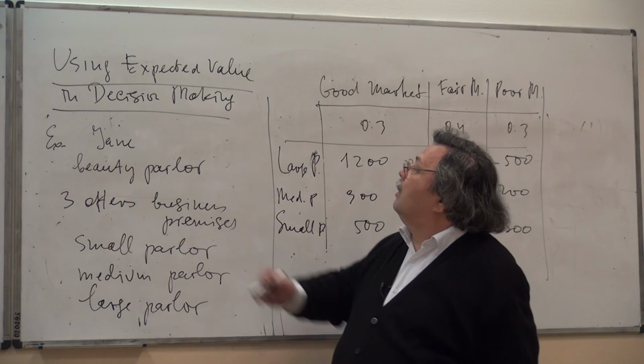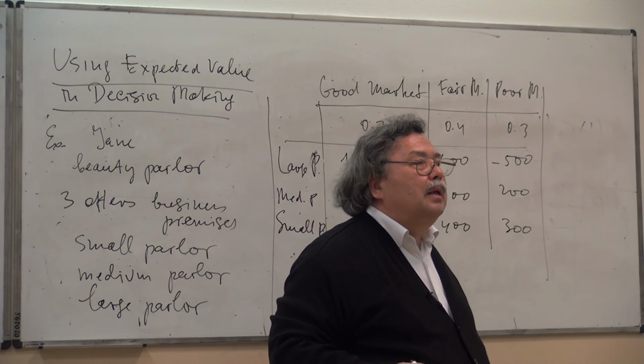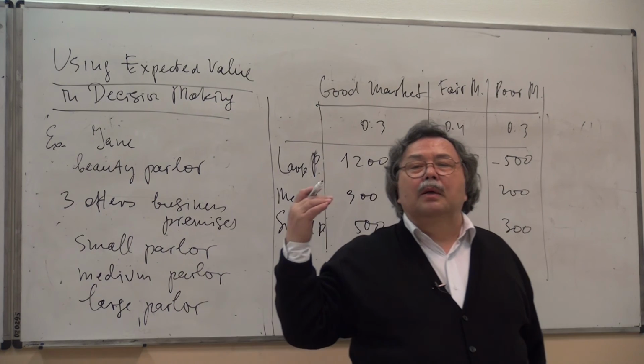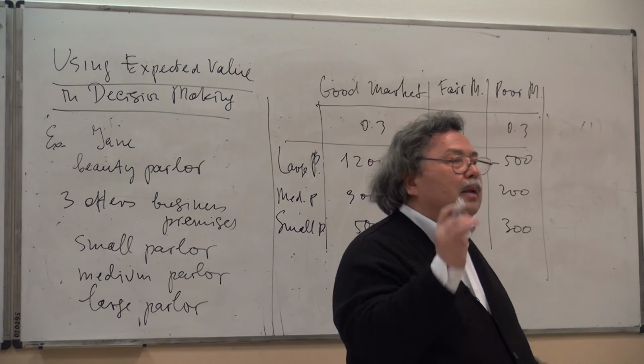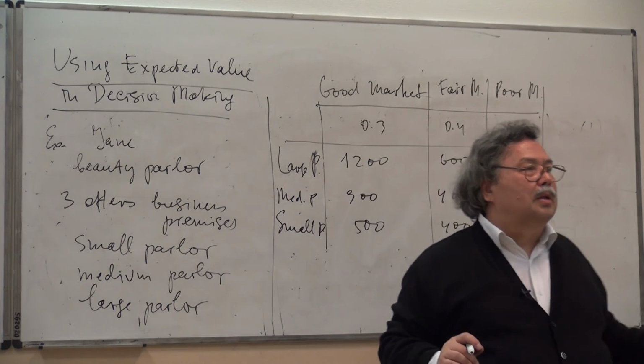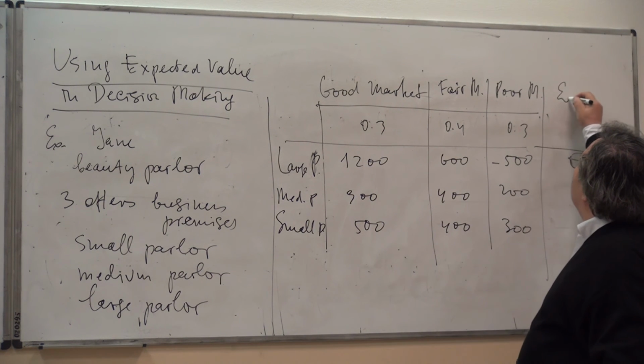Well, look at this title. Using expected value in decision making, we can use, or at least try to use, expected value as a criterion that distinguishes among the options here.